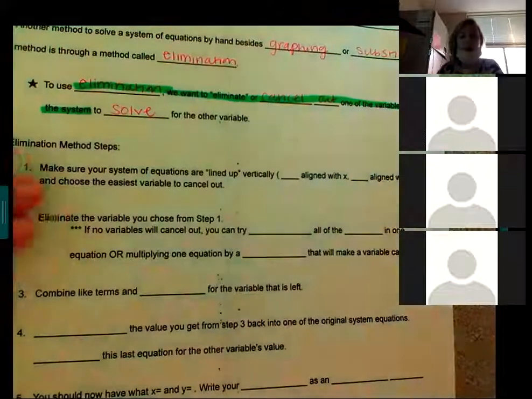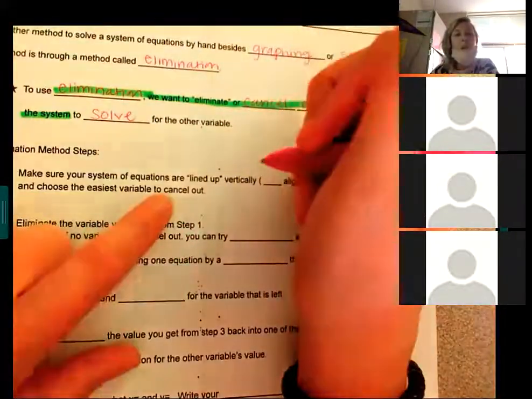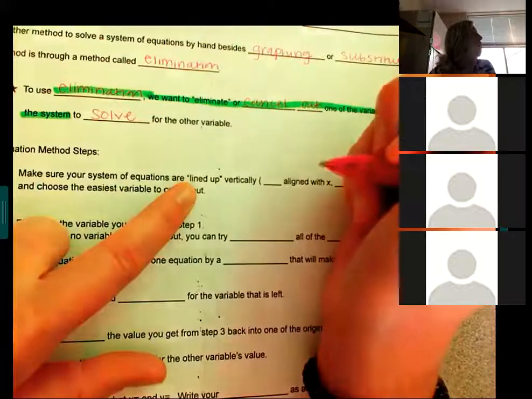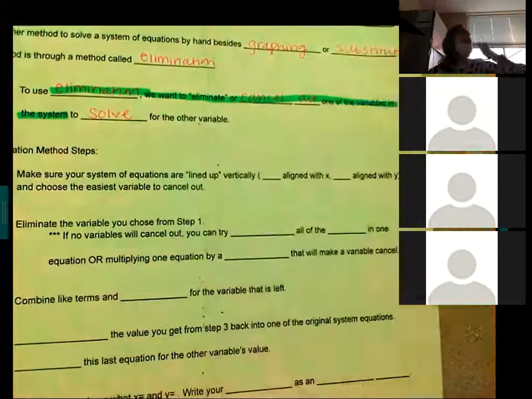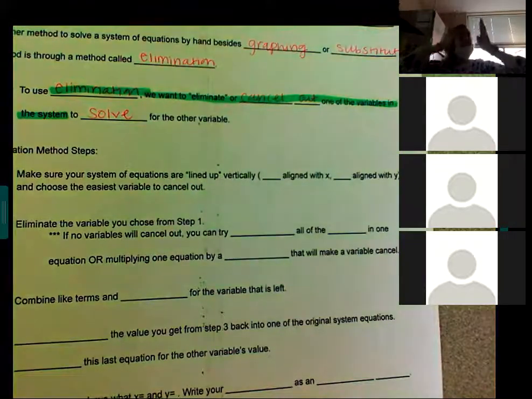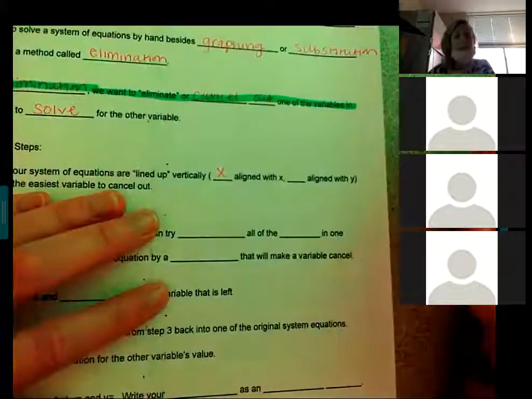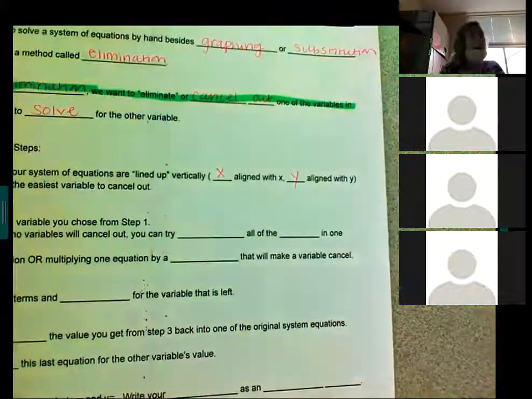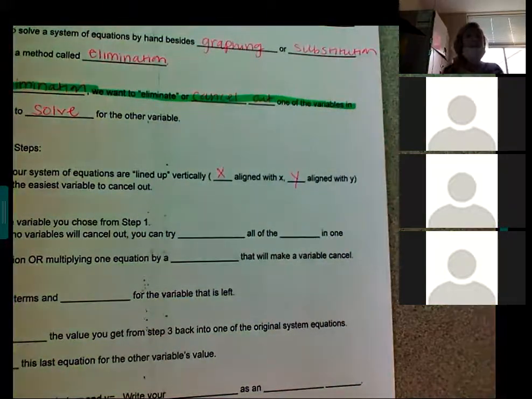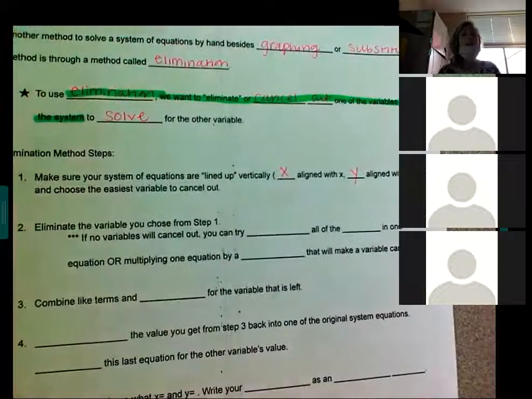Step 1, my people at home, I'm going to make it shorter for y'all. You want to make sure your system is lined up vertically. What does vertically mean? I love how all y'all talking about some up and down. We want to make sure x's are lined up with x's and y's are lined up with y's vertically. That's what lined up means. And choose the easiest variable to cancel.